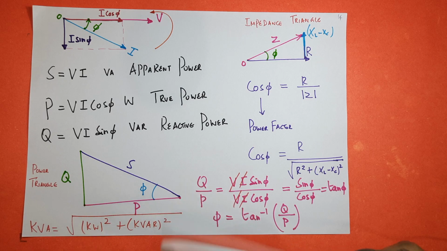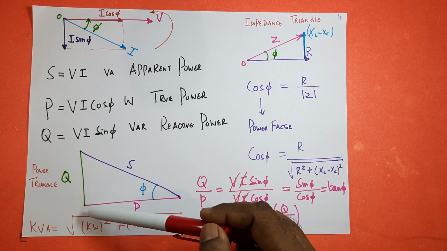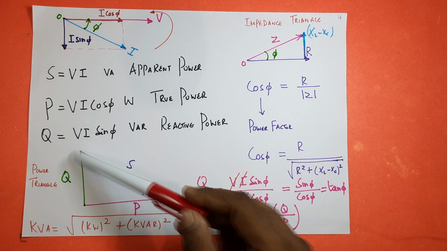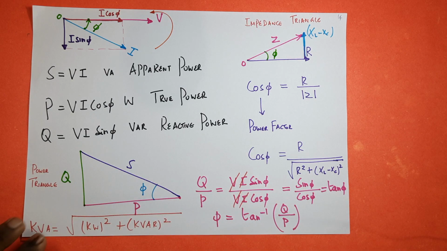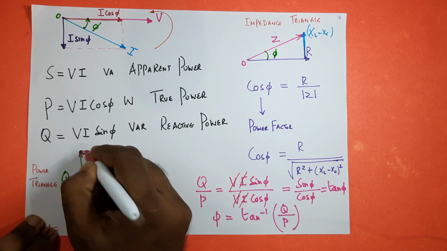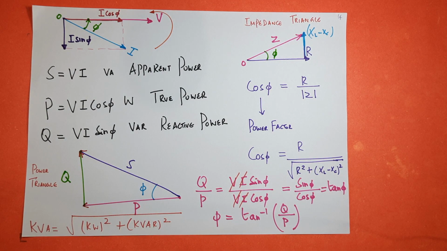So here we have P, that is the real power or true power, and this should be like this. These are all phasors, no? Q is the reactive power and S is the apparent power. And again the angle is the phase angle phi.